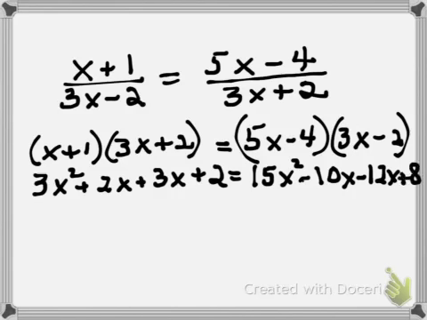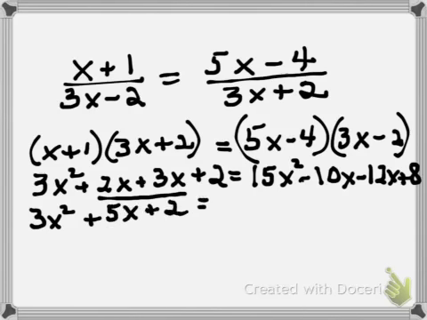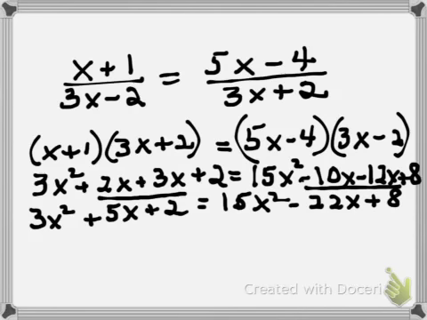Simplify the left-hand side. 3x squared, combining similar or like terms, is plus 5x plus 2 equals 15x squared minus 22x plus 8.